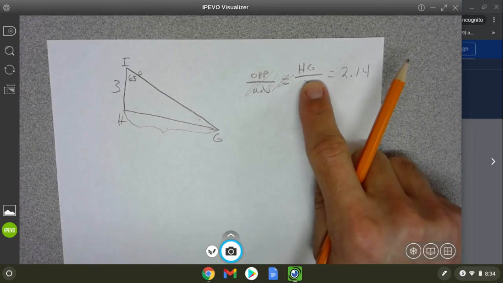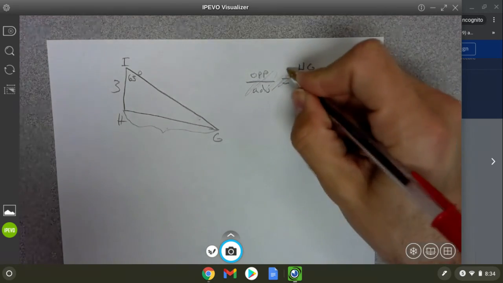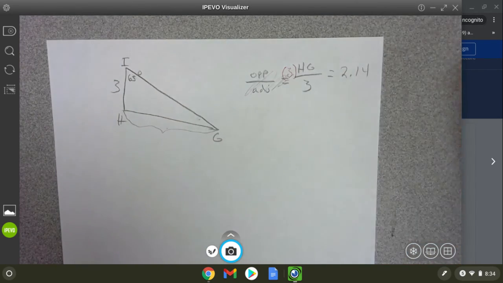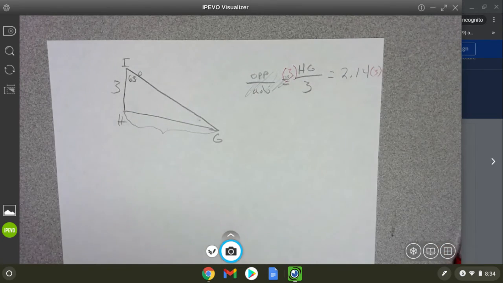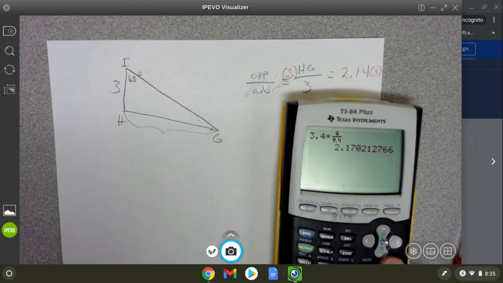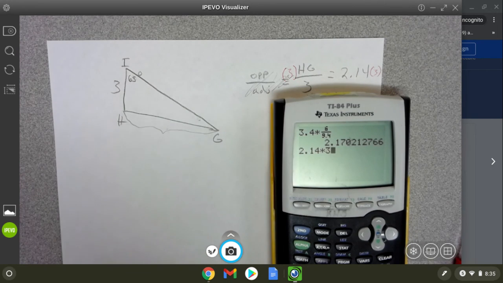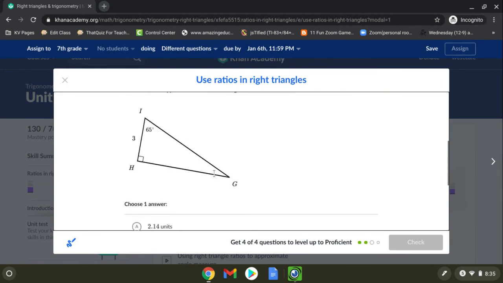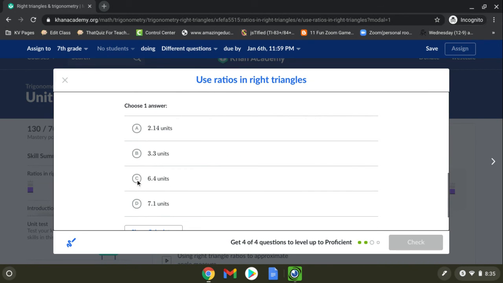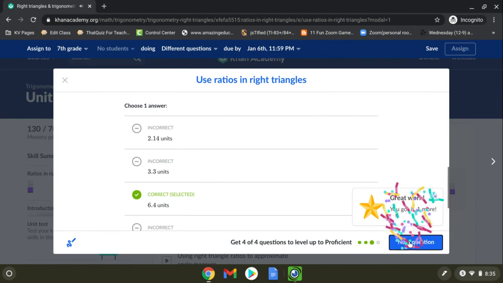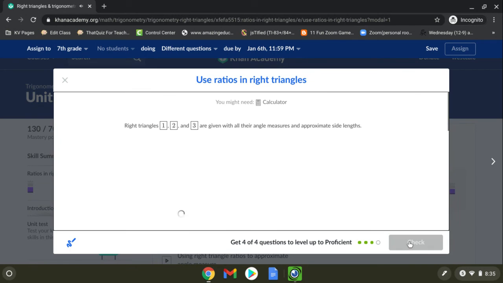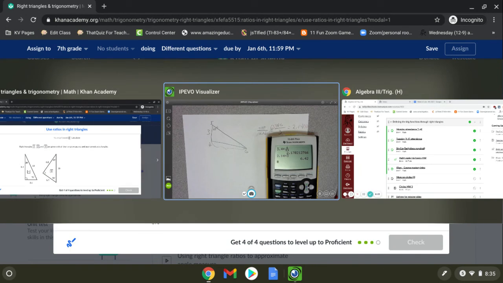So to solve for HG, I'm just going to multiply by 3 to cancel out those 3's. So 2.14 times 3, and you get 6.4. There it is. Boom. Wasn't too bad. All right, I think that's good for this video. The rest of them are kind of like that.